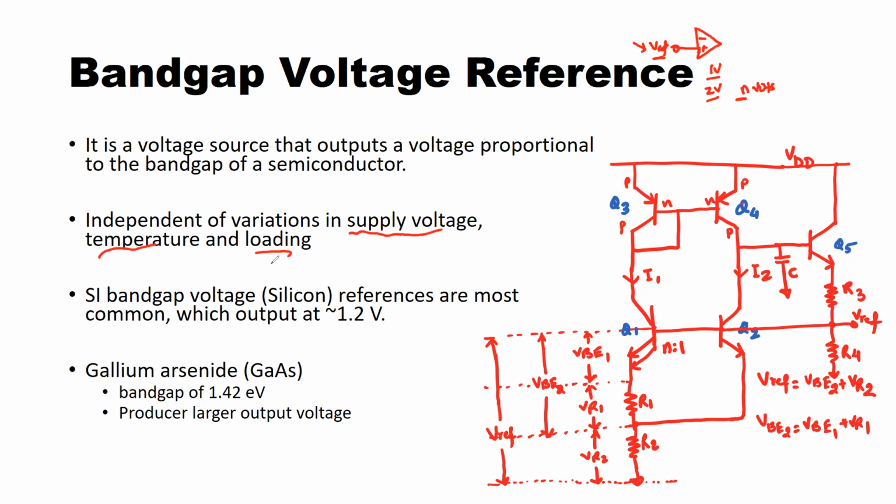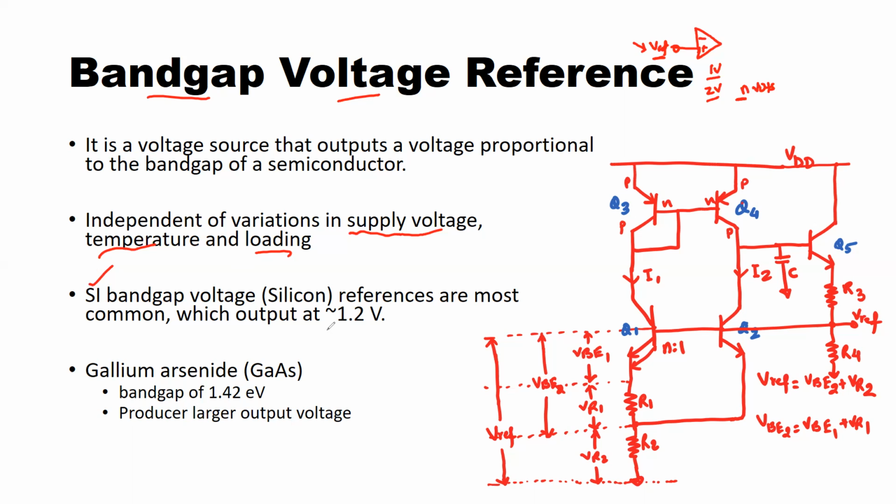Now we often also call the bandgap voltage reference a silicon bandgap voltage reference because we use silicon as a material to fabricate the transistors and the diodes out of which we are basically going to build the circuit. That's why we call it a bandgap voltage reference. It is also called a silicon bandgap voltage reference, and they are the most common.